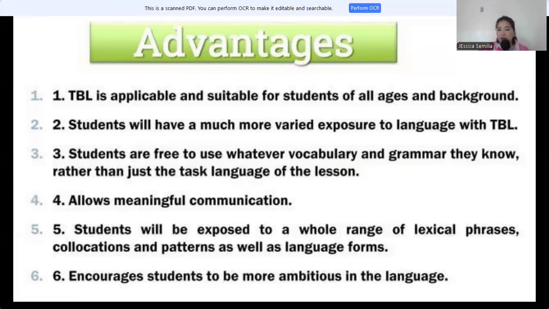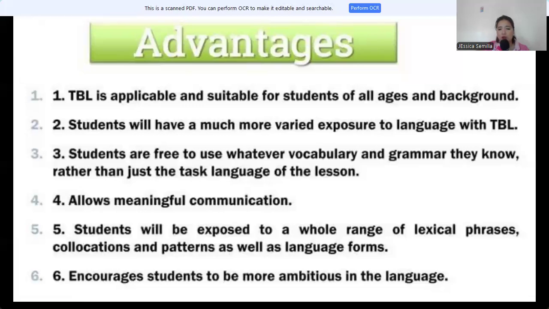Students are free to use whatever vocabulary and grammar they know rather than just the target language of the lesson. They are free to be creative in how they are going to put anything within the task. And of course, they are allowed to have meaningful communication within the group.